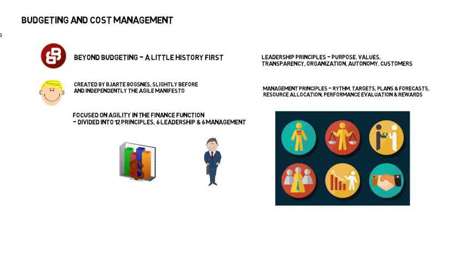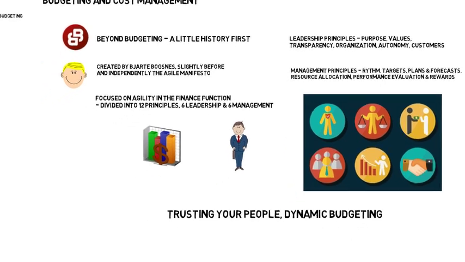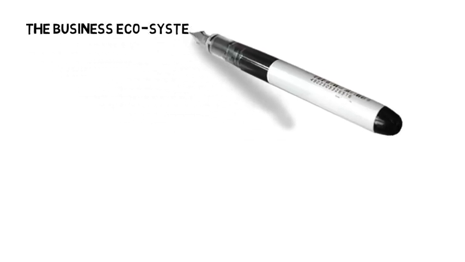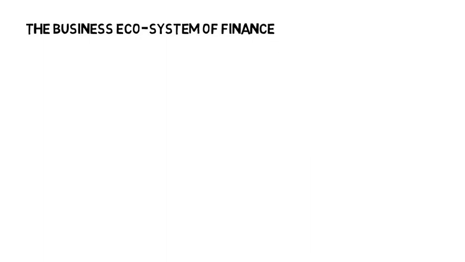And rewards: shared success against competition, not against fixed performance contracts. You can take a look at Beyond Budgeting online if you want to look at all of these. One of the key things is trusting your people and dynamic budgets, so that you are able to do dynamic budgeting, keep on steering, and trust your people, not just try to control them. And again, these ideas came out separately from the Agile Manifesto in technology, but very similar and aligned ideas in finance.